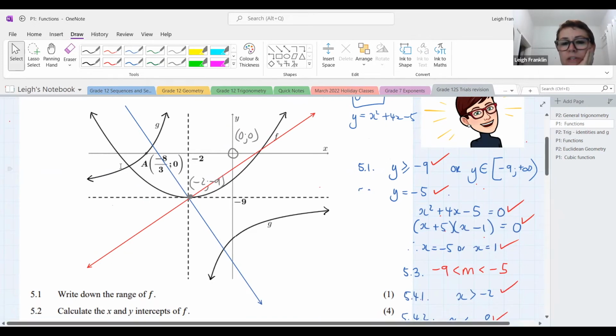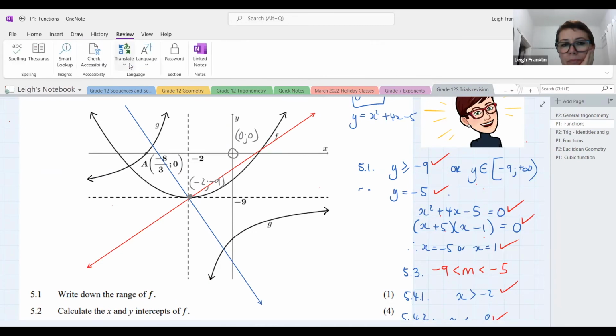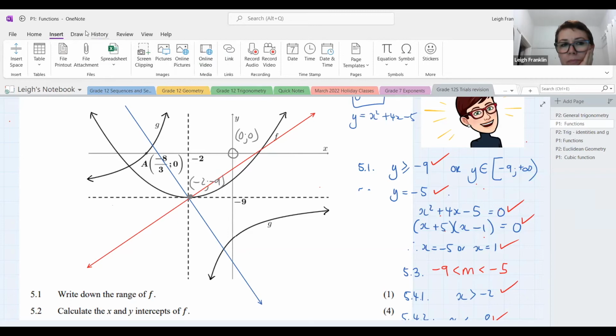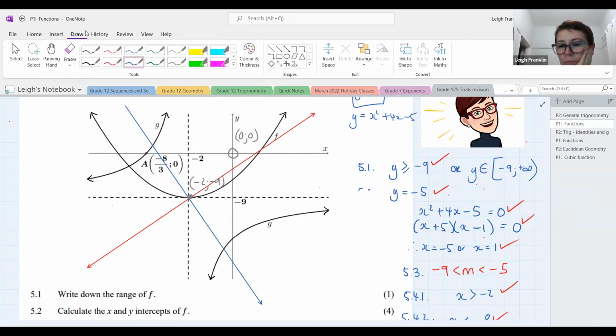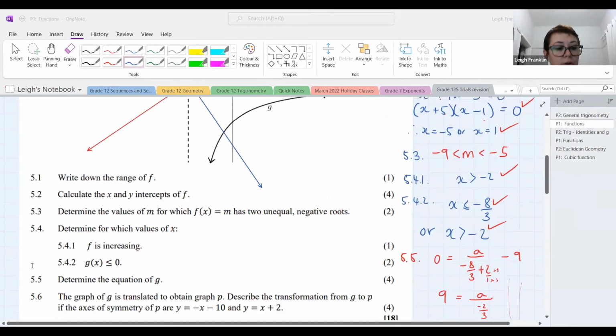So for points of intersection, what can we say? At this point of intersection, the two are what? Equal, absolutely. They're equal to one another. It's a simultaneous solution, absolutely.